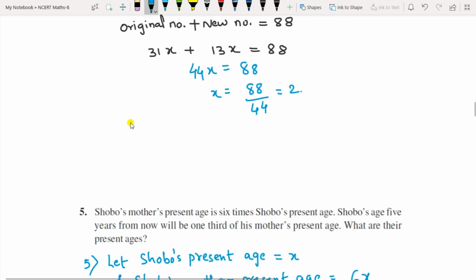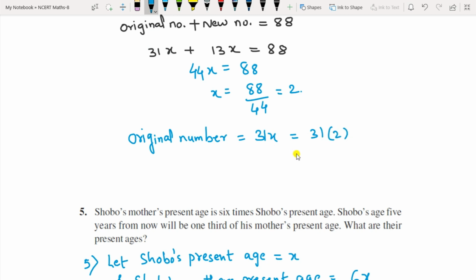So original number equal to 31x, that is 31 multiplied by 2, you get the answer as 62. So this is the required original number.